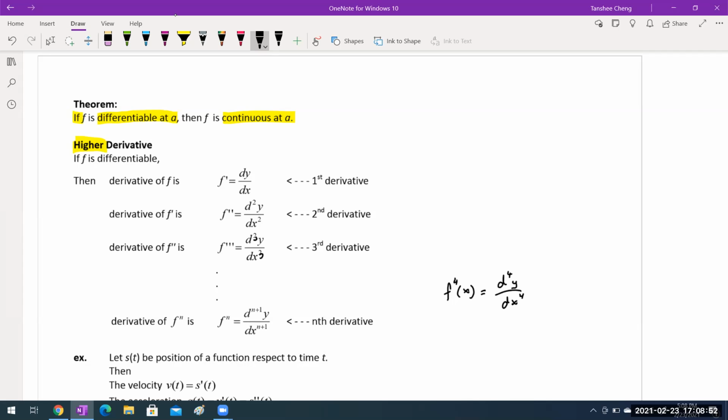So if we continue on to the higher derivatives, this is what is going to happen.